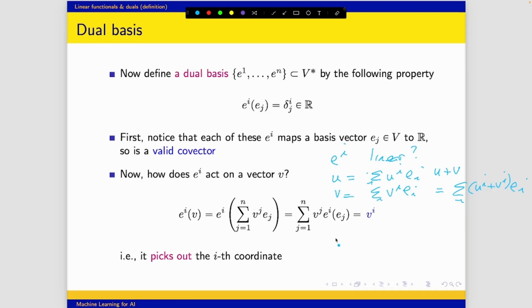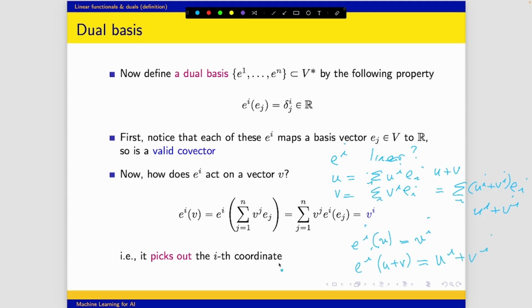Okay, so we've defined EI when it acts on a vector V as simply the ith coordinate of V, VI. So what happens when we act on this vector here, which has coordinates UI plus VI? We're going to get EI, U plus V, is equal to UI plus VI.